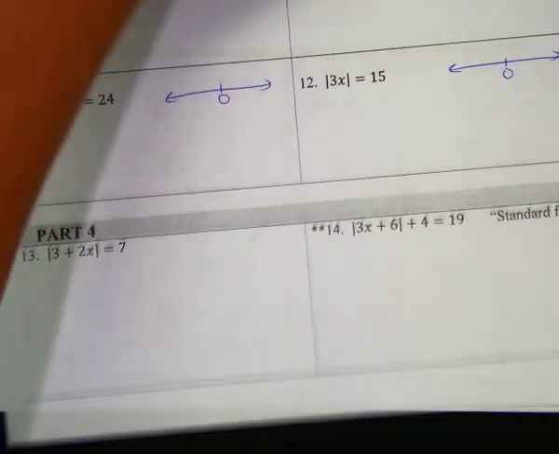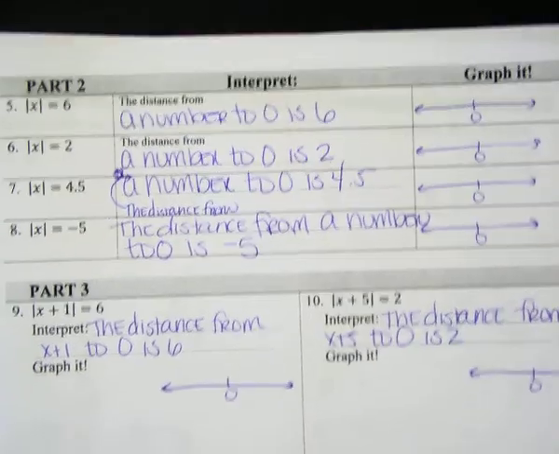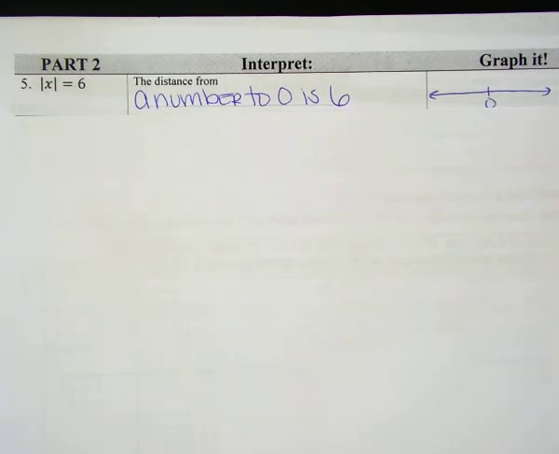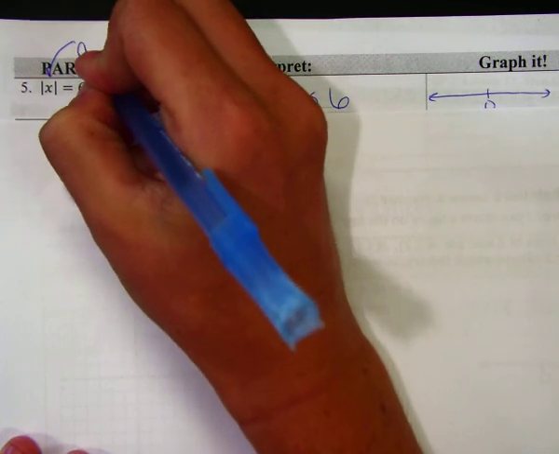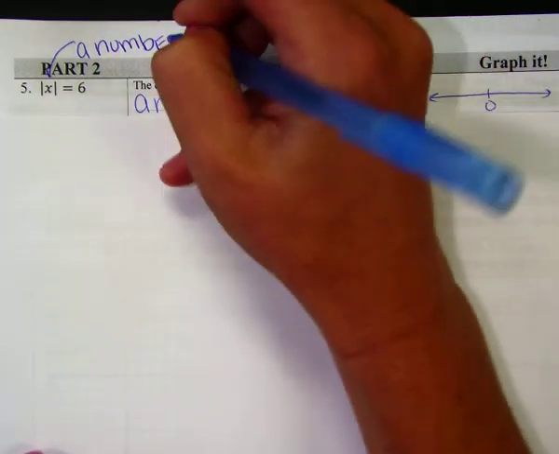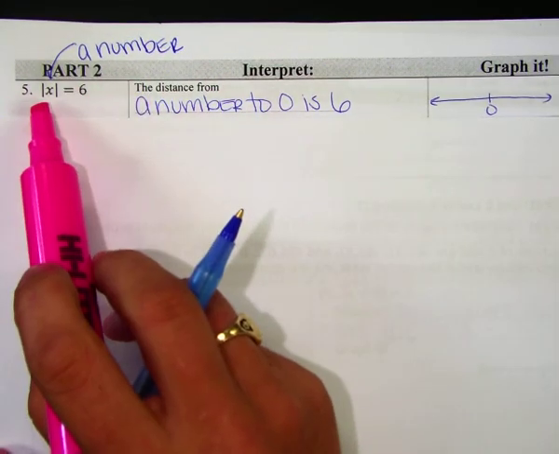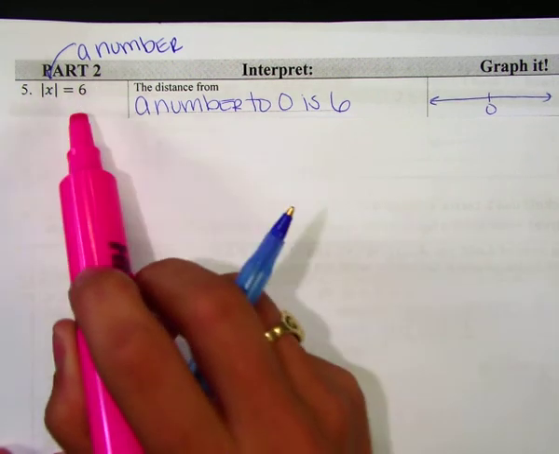Now, looking more with variables, variables are a little bit different because we're not exactly sure where it's going to be. So number 5, we would read this the same way, except we refer to x as a number because we're not sure what that number is. So number 5, we read this as the distance from a number to 0 is 6.